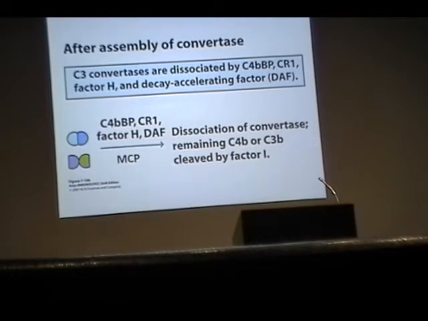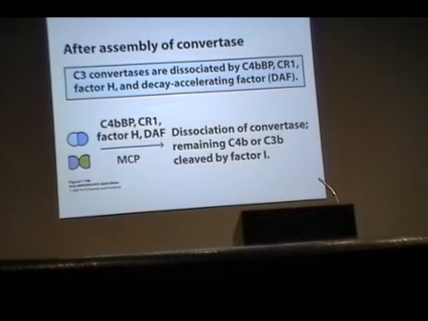What's the answer? I suppose anywhere that C3 could be, right? Anywhere that C3b can deposit, so C3 mostly deposits on the surface of pathogens, but it could potentially deposit on the surface of the host cell, and we certainly wouldn't want that. So that's a good beginning. So where would you put some of these inhibitors?